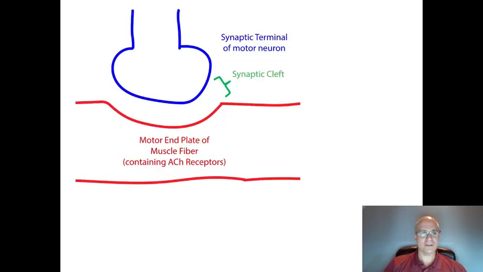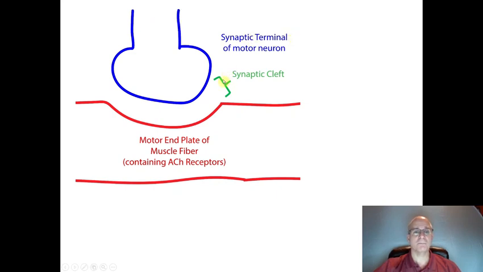And here is a rather crude drawing that I made, but it's something that you should be able to do yourself. Being able to draw and explain the parts of the neuromuscular junction is always a good idea. Here we see this bulb-shaped part of our motor neuron, which is the synaptic terminal.